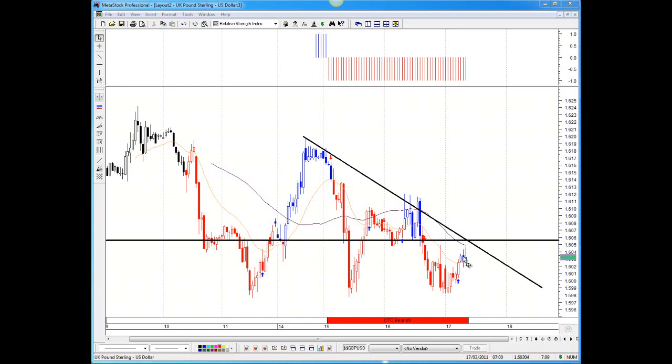However, because we've broken below that, and this could be a very strong resistance level, we could see price rally to this area or thereabouts, fail to do so, and revert back to the downside. Okay, so look for opportunities to see a bit of consolidation around this area before we see another extension to the downside, because the CTC is now red.